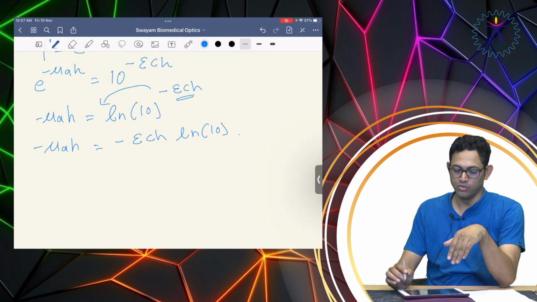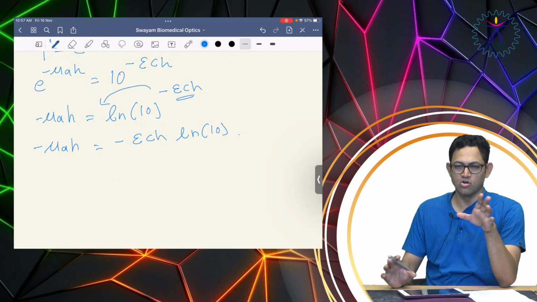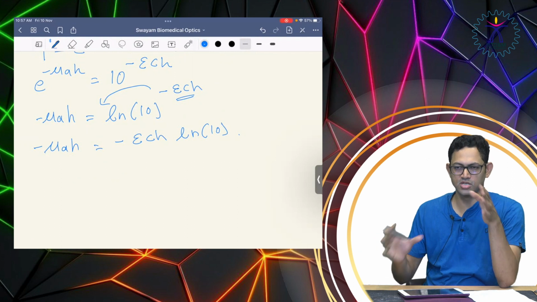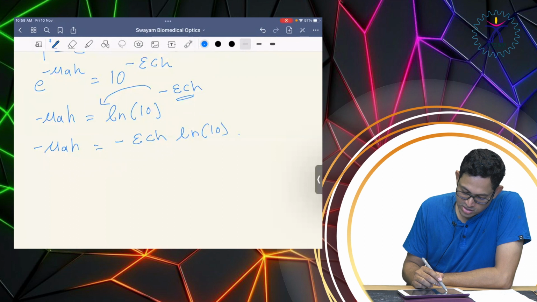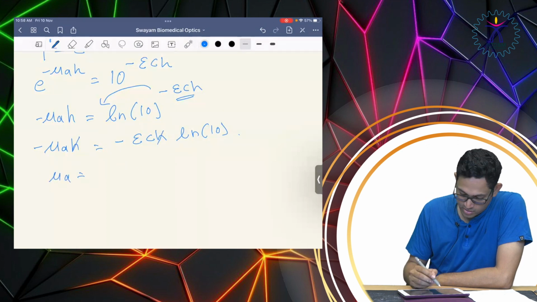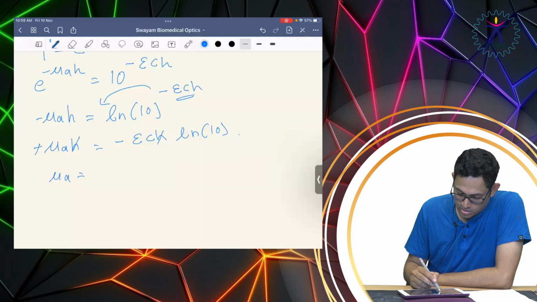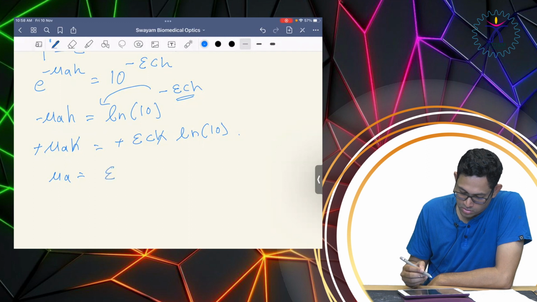What I am doing right now is for a single species, not for two, three or four species, just a single species operating at a particular wavelength. So I can remove the h here, and the equation for mu a, with the negative sign going away, is epsilon c ln of 10.